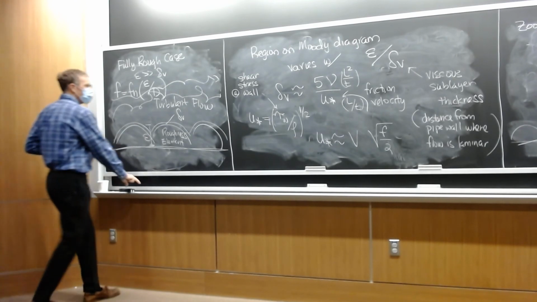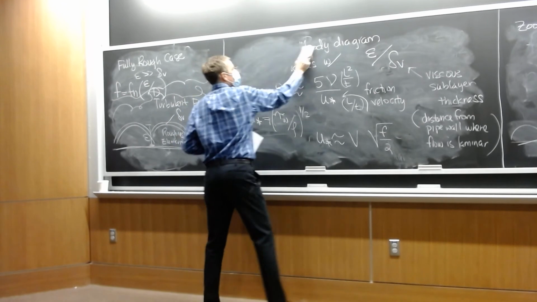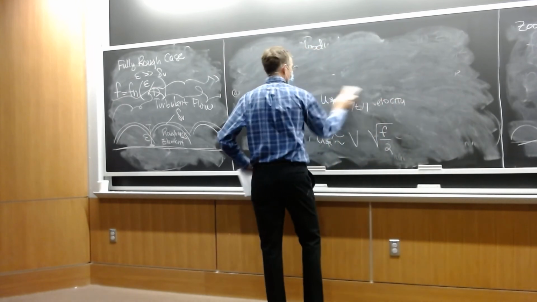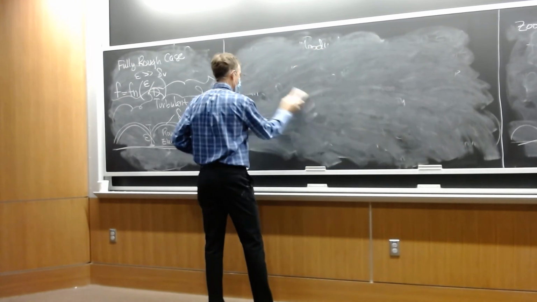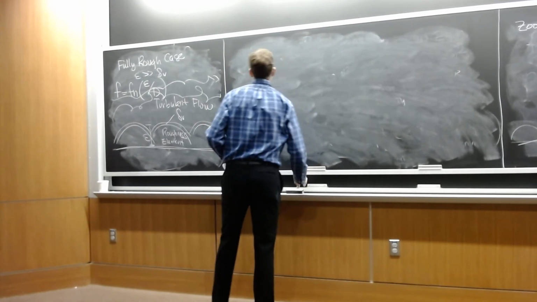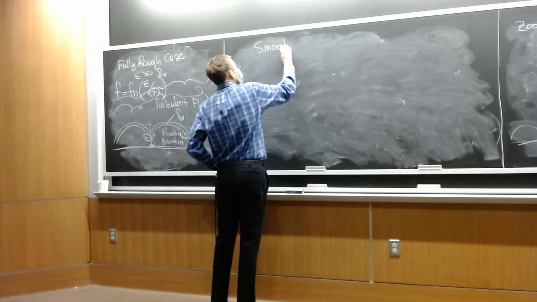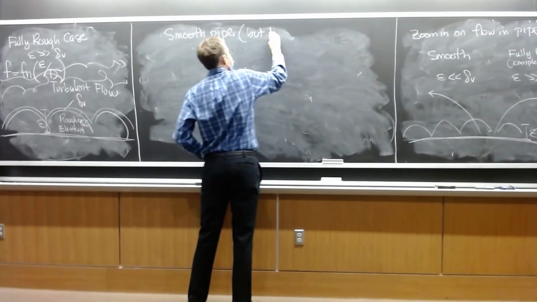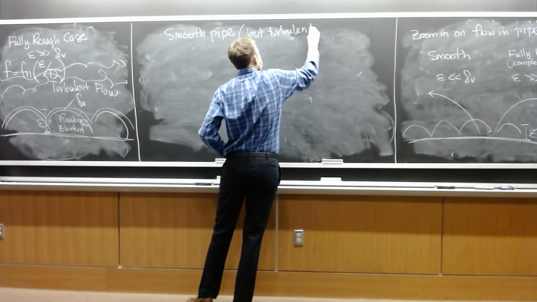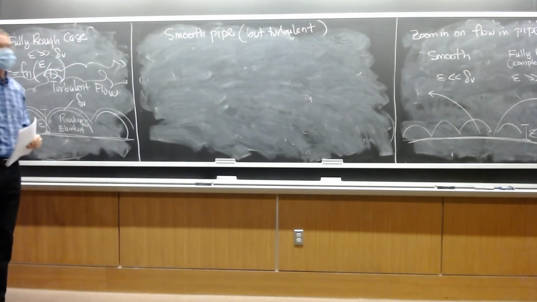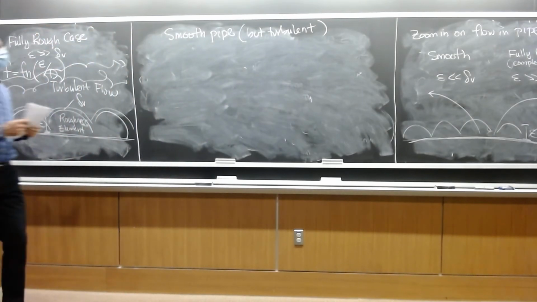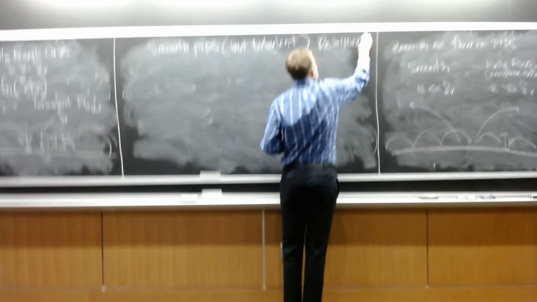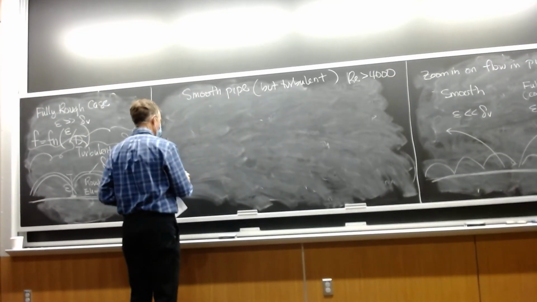Okay, and then how about the other possibility? Smooth pipe, but it's turbulent flow, that is, it's a Reynolds number greater than 4,000, but a smooth pipe.